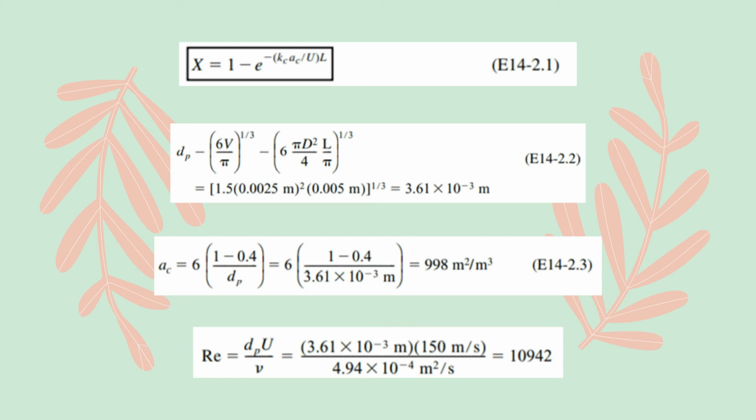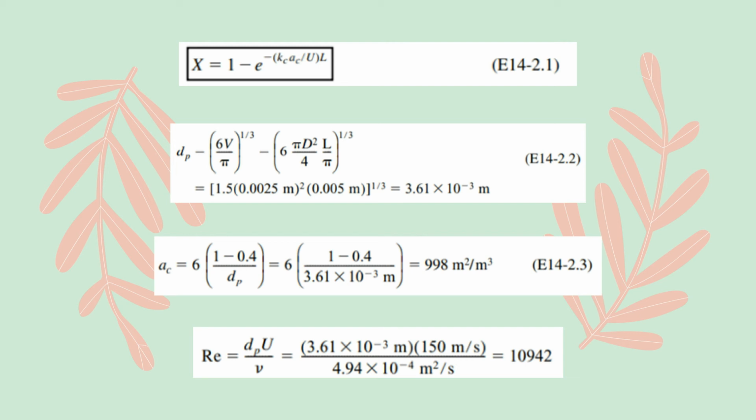Substituting known values, we obtain 3.61 times 10 to the power of negative 3 meters. In the calculation of the area per volume of bed, we have ac equal to 6 times the quantity of 1 minus 0.4 over the dP we solved in the previous part. Substituting known values, we obtain 998 meters squared over meters cubed.